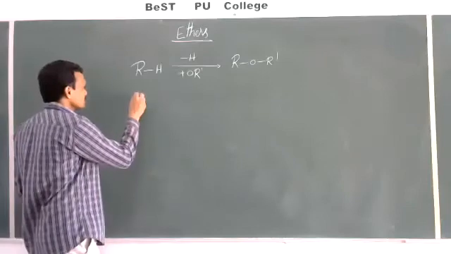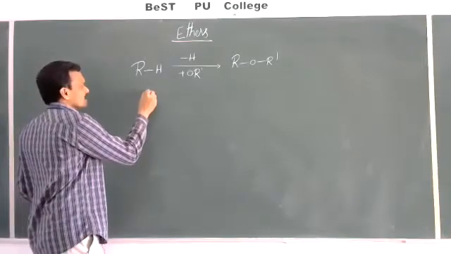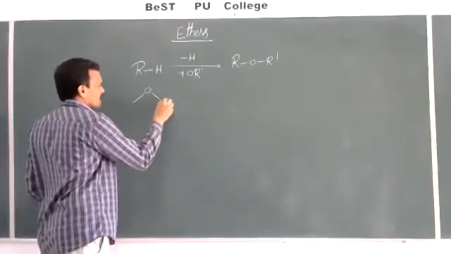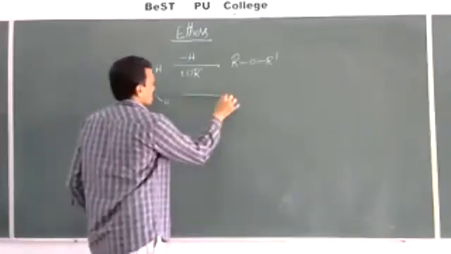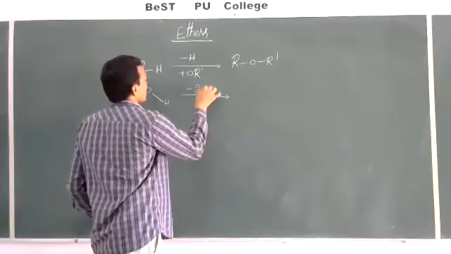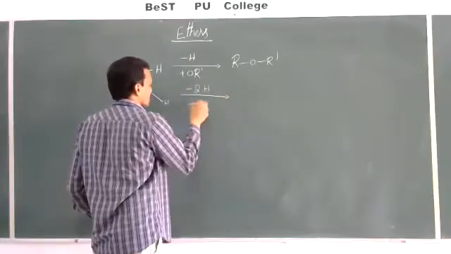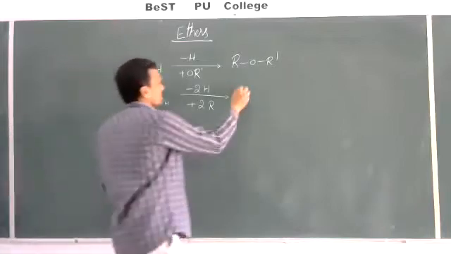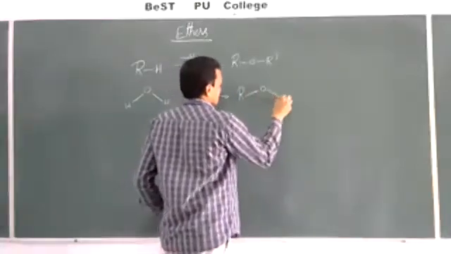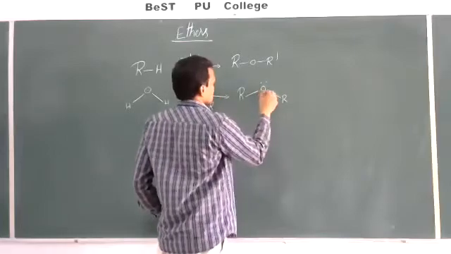You can define ether as a derivative of water also. Here, two hydrogens are replaced by two alkyl groups. Then what will you get? ROR, nothing but ether. Here oxygen contains two lone pairs.